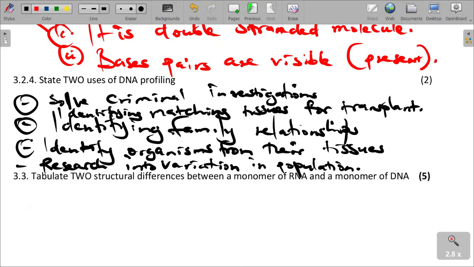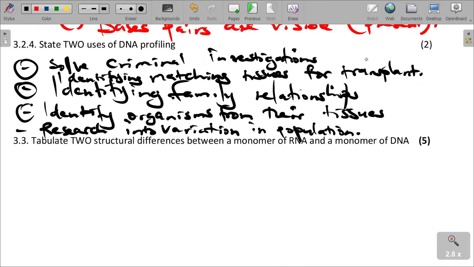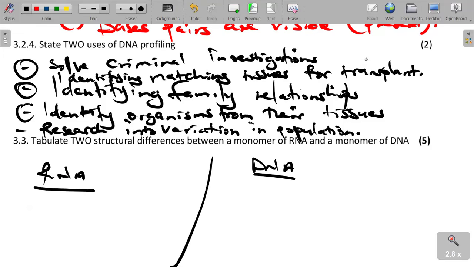There are quite a lot which we can give in terms of this function. And then, tabulate the structural differences between RNA and DNA. The question is saying tabulate the difference between RNA and DNA, so we have to give the differences.